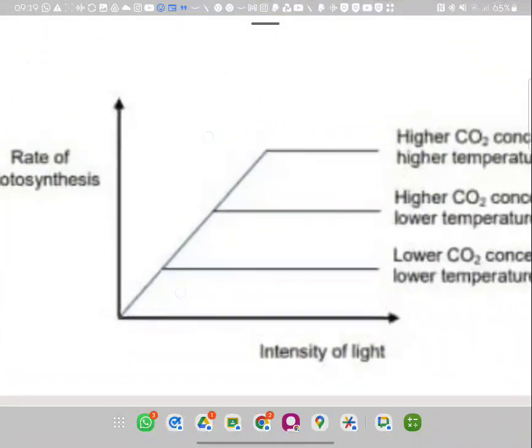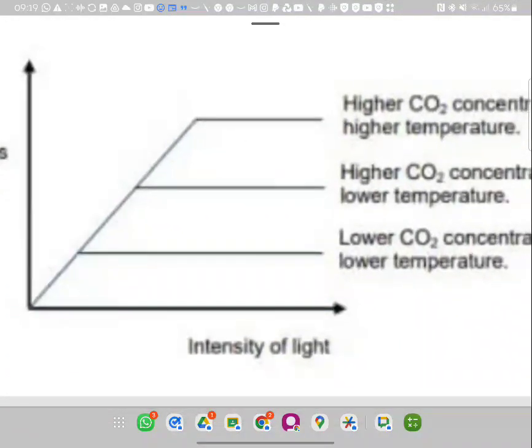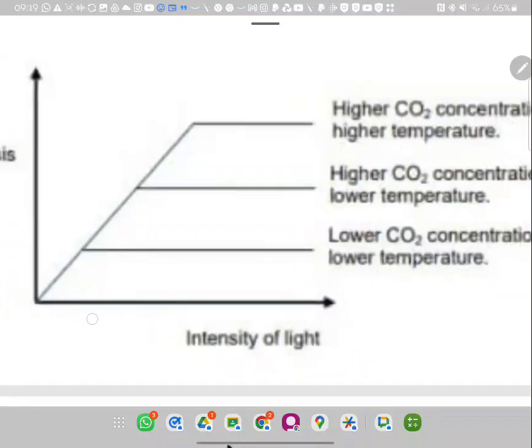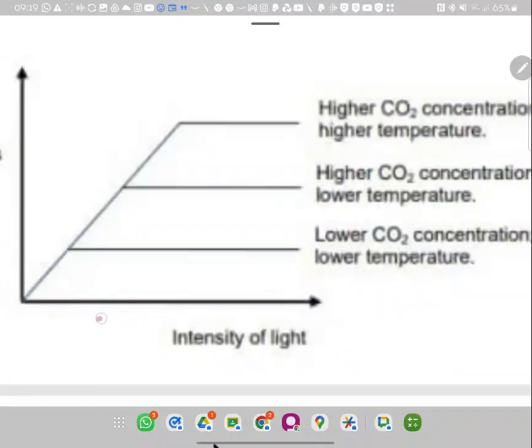Now we can then look at quite an interesting graph here, which combines a few of these things. So this is a light intensity graph. So we can see as the light intensity increases here, the rate of photosynthesis goes up, as you'd expect, until that point there.